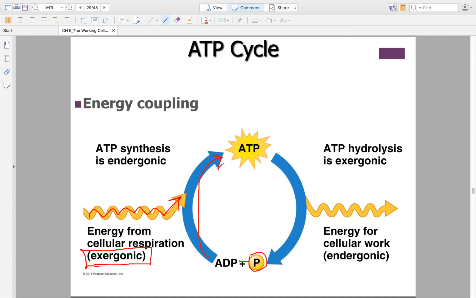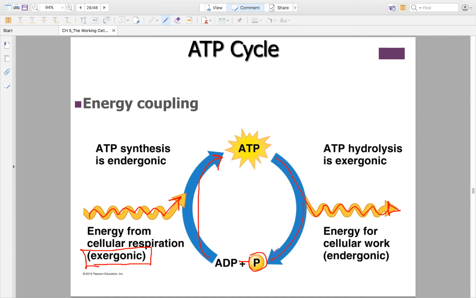And therefore, all of the exergonic reactions drive ATP synthesis. And then ATP is used for all of the endergonic reactions.